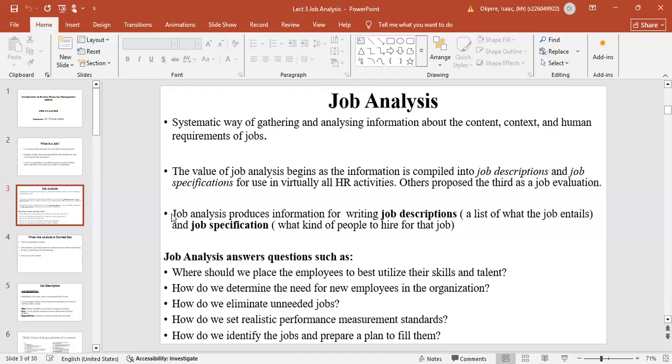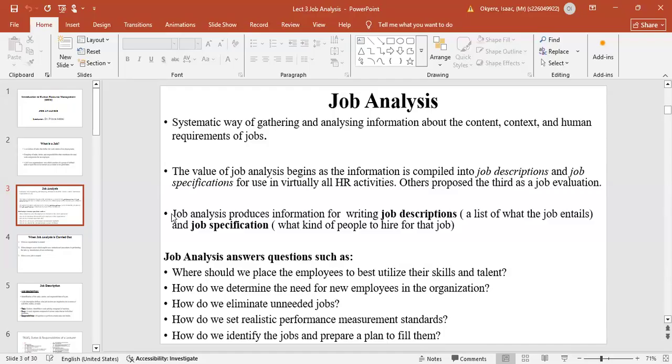One, it answers the question of where we are supposed to place employees. That is, where are you supposed to work? Every organization consists of different departments. So where can you fit well? It's supposed to answer that question.